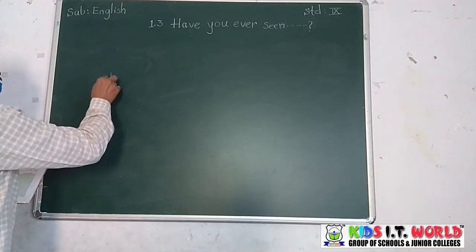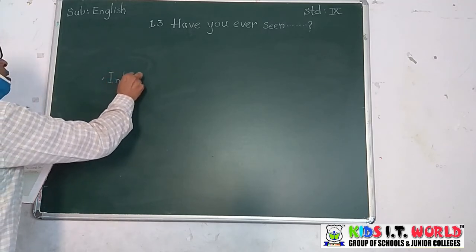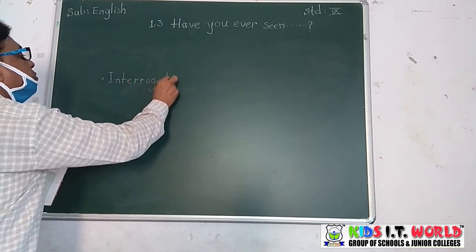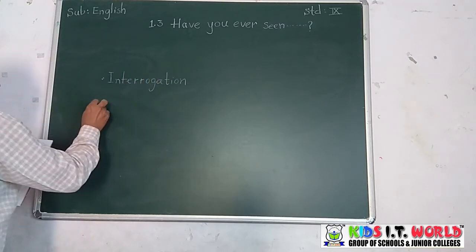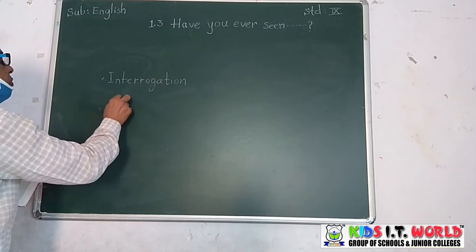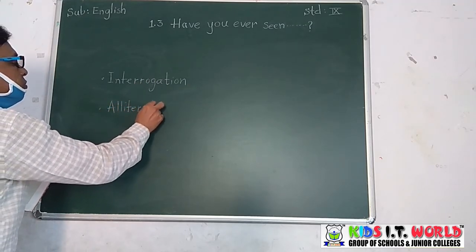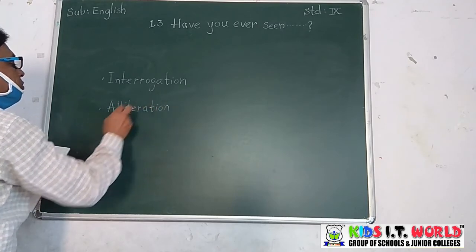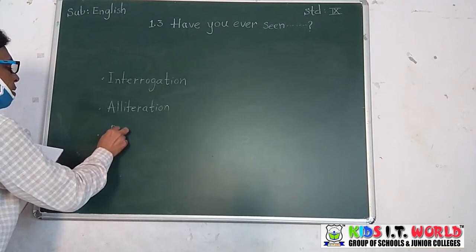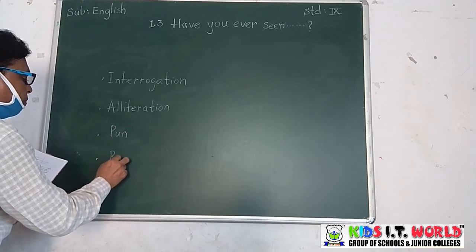The figures of speech we have learned here are: number one, interrogation; number two, alliteration; number three, pun; and number four, personification.